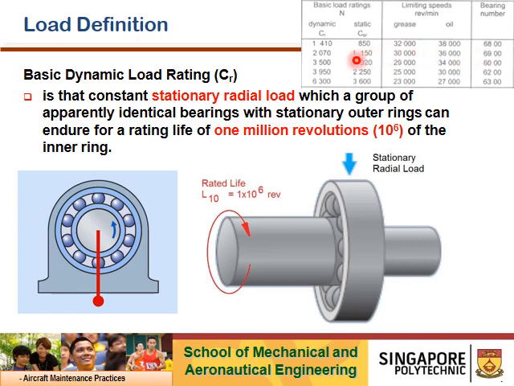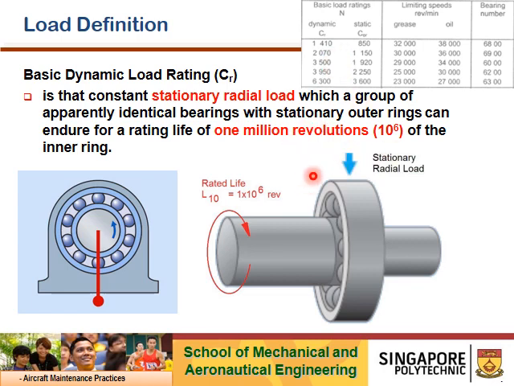Why? Because for 6900 the CR is 2070, so it is able to accept that loading. If you were to use 1410, which is the 6800 bearing, then your selected bearing will fail prematurely due to the loading difference. Okay, so this is what we do.